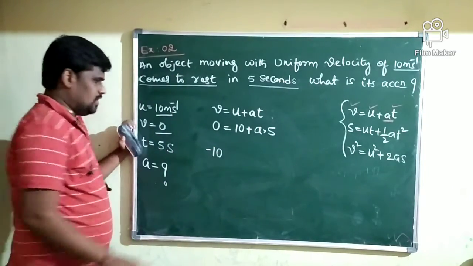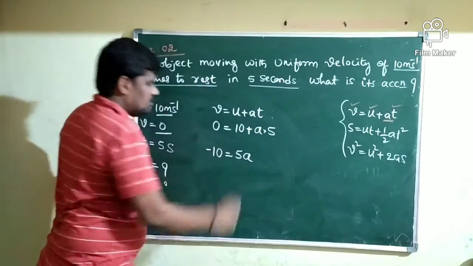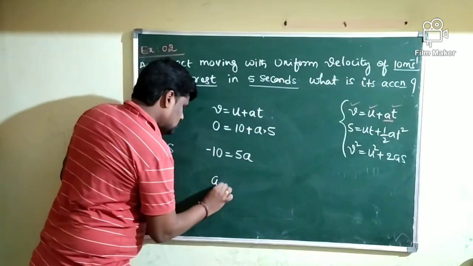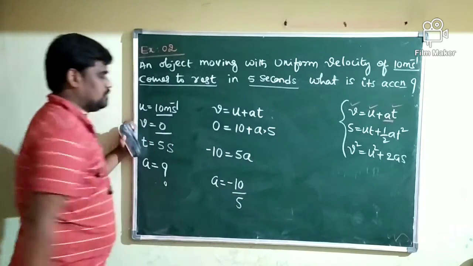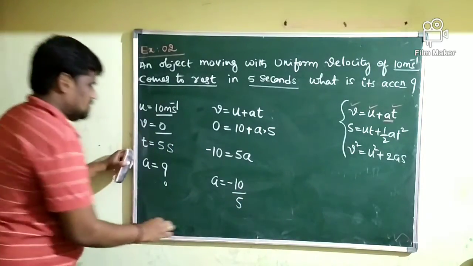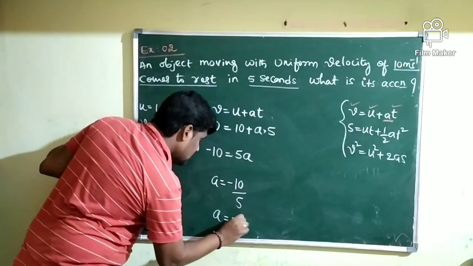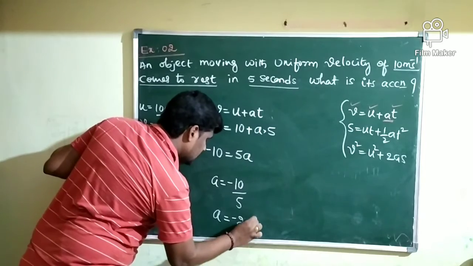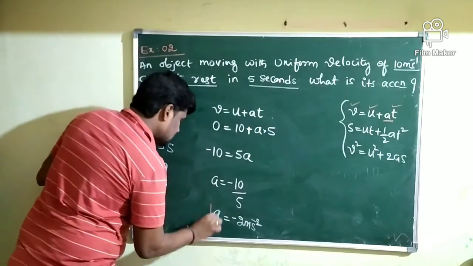So minus 10 equals 5a. Then a equals minus 10 divided by 5, which is minus 2 meter per second square. This is the value of acceleration.